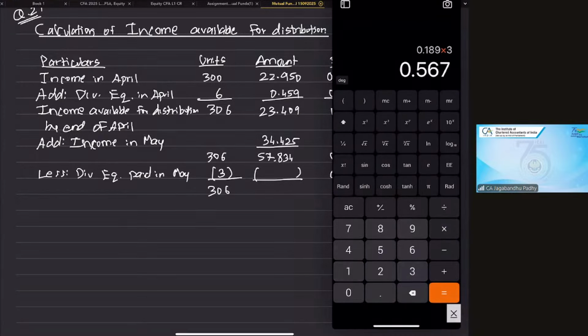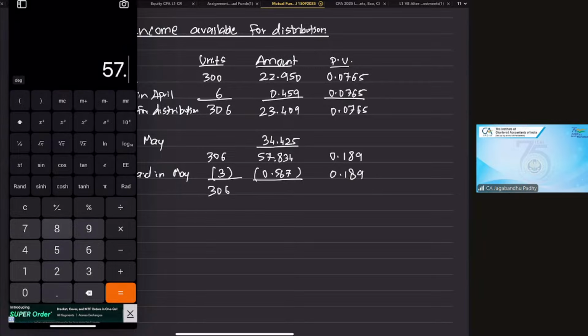So what is the balance income which is left out in this? 57.834 minus 0.567, which is 57.267, and per unit wise it is of course 0.189. Got it, guys? Yes, sir. Okay.